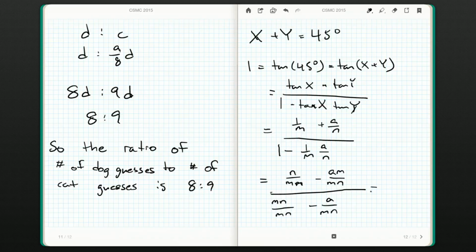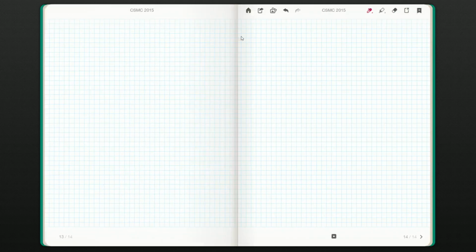Okay, well, we can combine all that. We get n plus am over mn, all over mn minus a over mn. Now, when we work this out, if you want to, you can introduce an intermediate step where you invert the denominator fraction and then multiply these two. But the mn's are going to cancel out. And we're going to be left with n minus am.